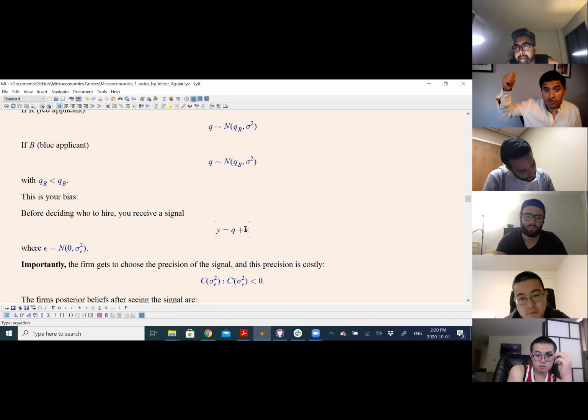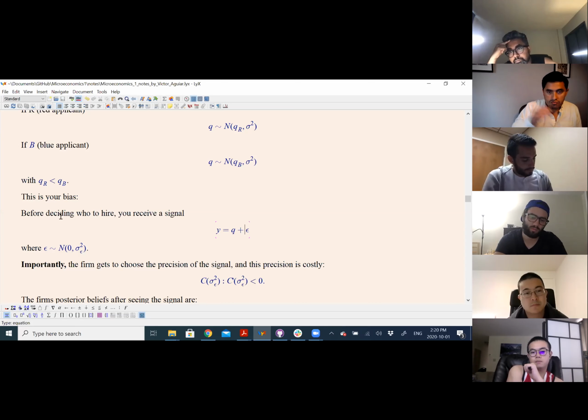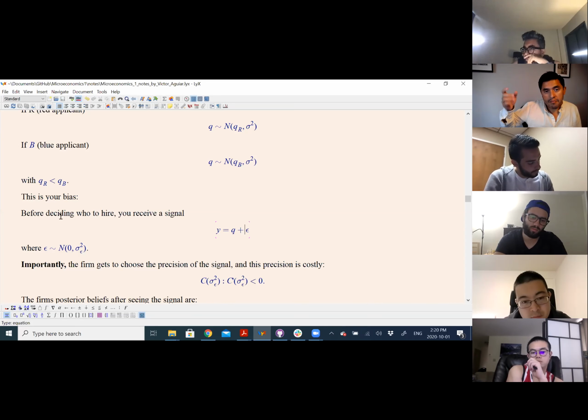Because of inattention, the firm will see a noisy signal because they choose sigma epsilon to be non-zero. They will see the quality imperfectly, and because of that, they will in the end also use the mean of the group to which you belong to decide. That's the punchline.